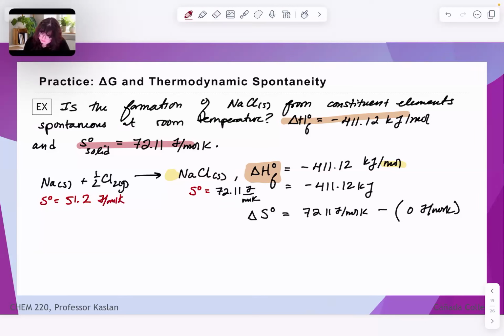And just like I'm looking at these values, you would also have to be given tabulated or reference values of these standard state or standard formation thermodynamic data. So just like when you were in Chem 210 or Gen Chem 1, you were looking at your standard enthalpies of formation, you would be given those on a table.